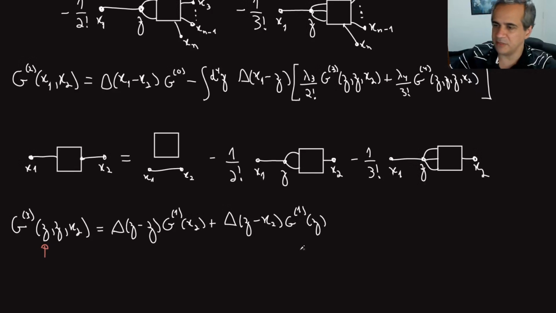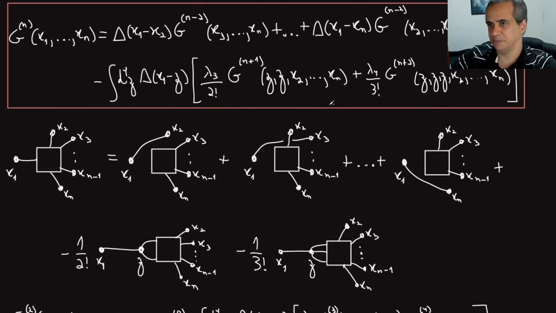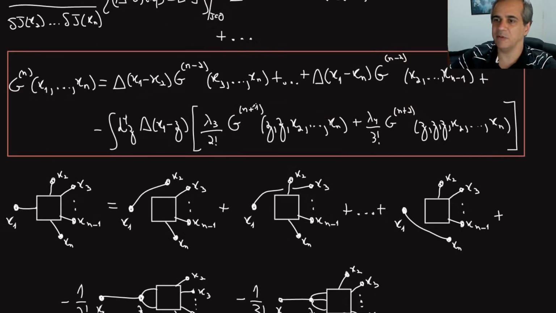And then I have this piece, right, which is minus lambda 3 over 2 factorial. Now I don't want to use z because I'm using z as an external point for this guy, right? So I'll call this d4w, right? I have a delta of z minus w, and the 4-point Green function. Remember, on this part, I increase the Green function by 1.